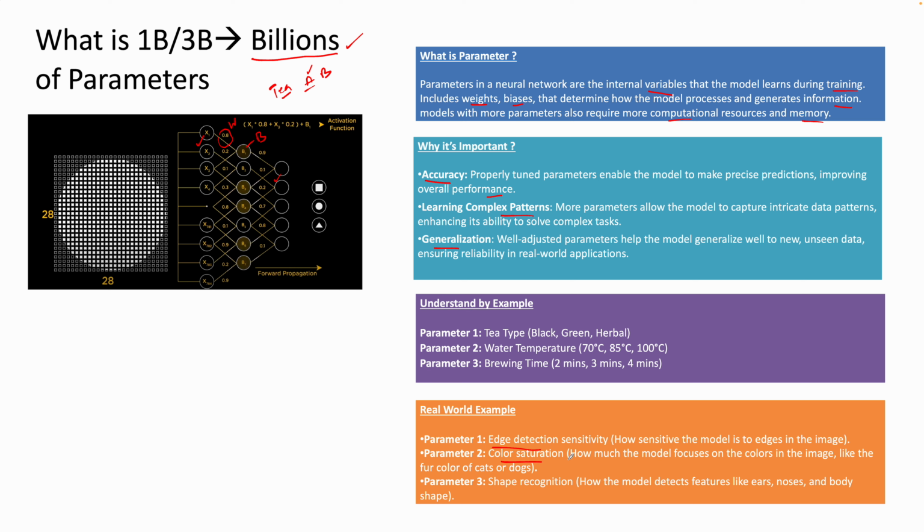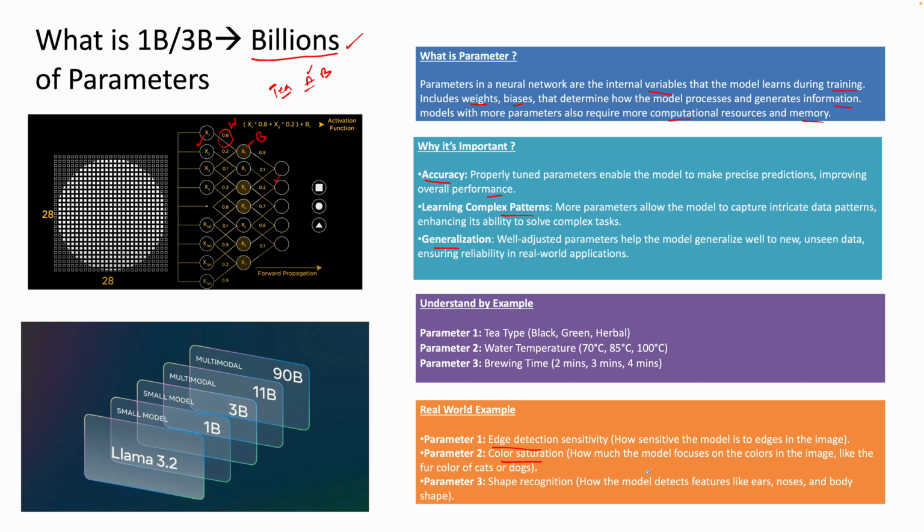Then we could talk about the color saturation, so how much the model focuses on the colors in the image. If you're talking about cats and dogs, it could be the fur of the cat or the dog, right? Then we could also talk about shape recognition. Again, taking the example of cat and dog, what are the different features, like the ear, nose, the body shape. So these are all different kinds of parameters that you could use.